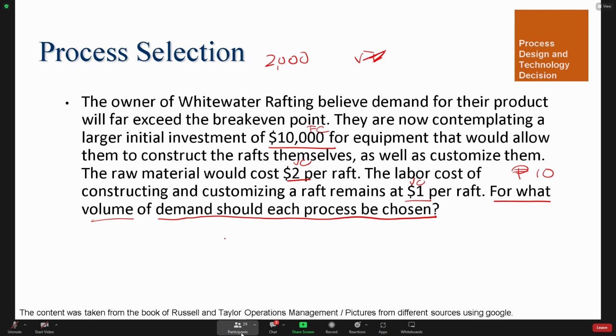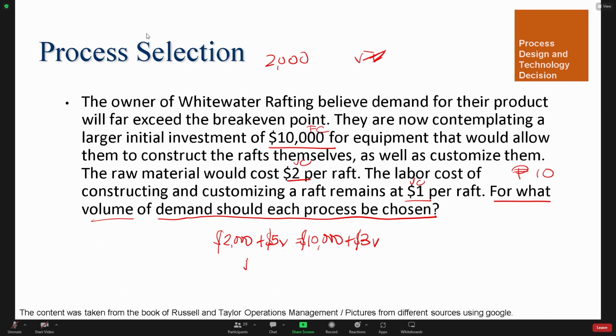Okay, compute. So 2,000 ang fixed cost plus $5 ang variable cost, is equal to 10,000 ang fixed cost plus $3 ang variable cost. Dollar pala to. So, compute natin.